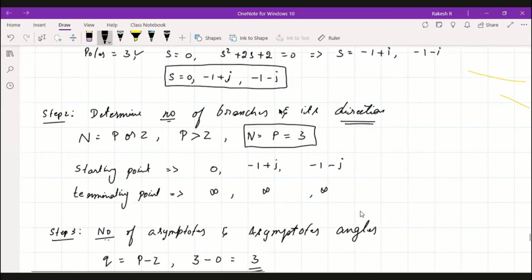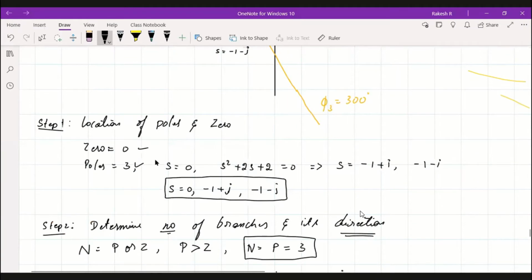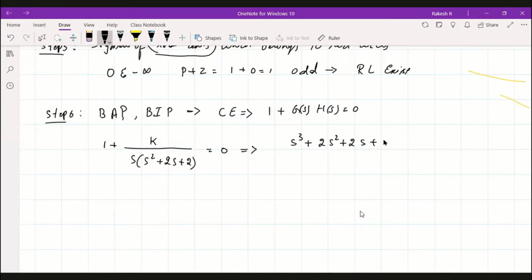Here g of s into h of s is given as k divided by s into (s square plus 2s plus 2). So I can write this as 1 plus k divided by s into (s square plus 2s plus 2) equals 0. Simplifying this, you will get s cube plus 2s square plus 2s plus k equals 0.